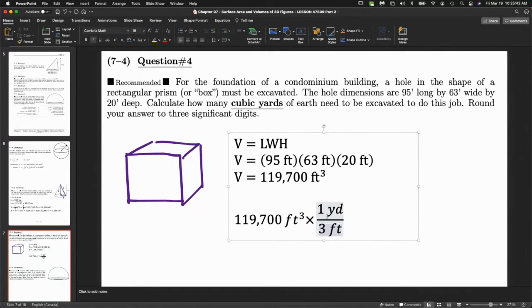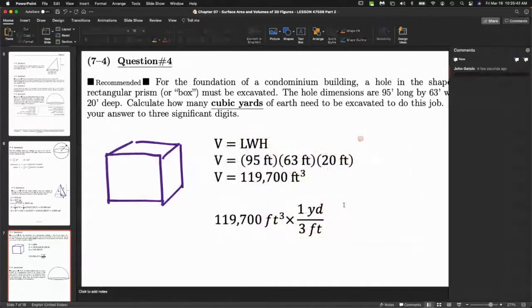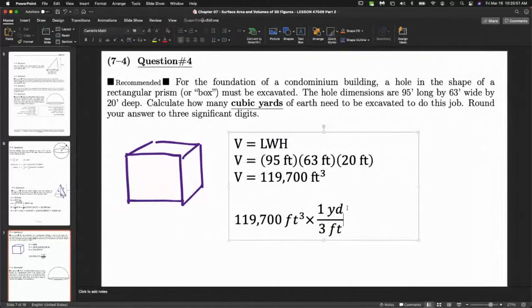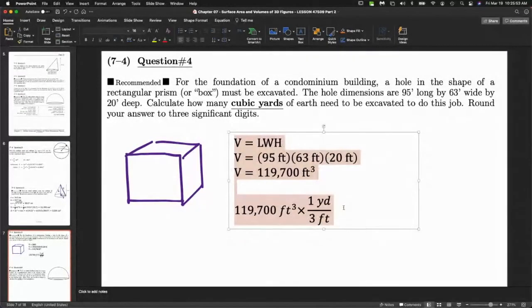Okay, so see this fraction here? You should have been doing these in the previous math course, I hope. So hopefully you see what my issue is. Do these feet cancel with these feet? Yes or no? No, they do not.